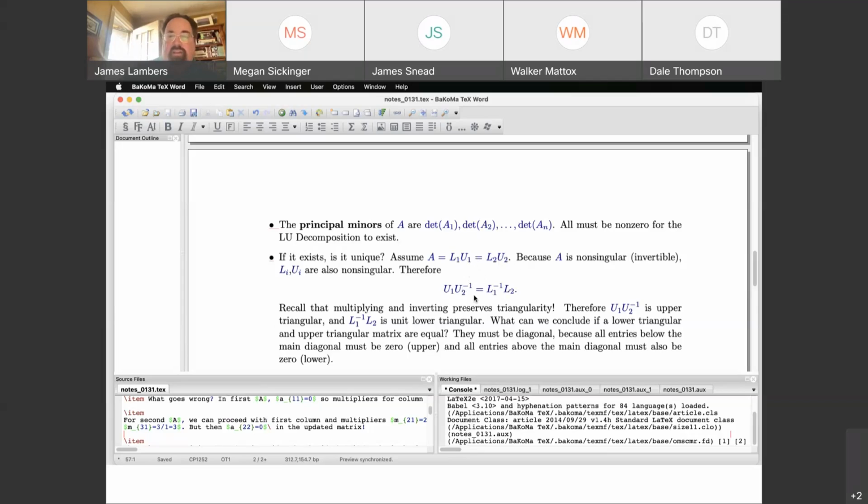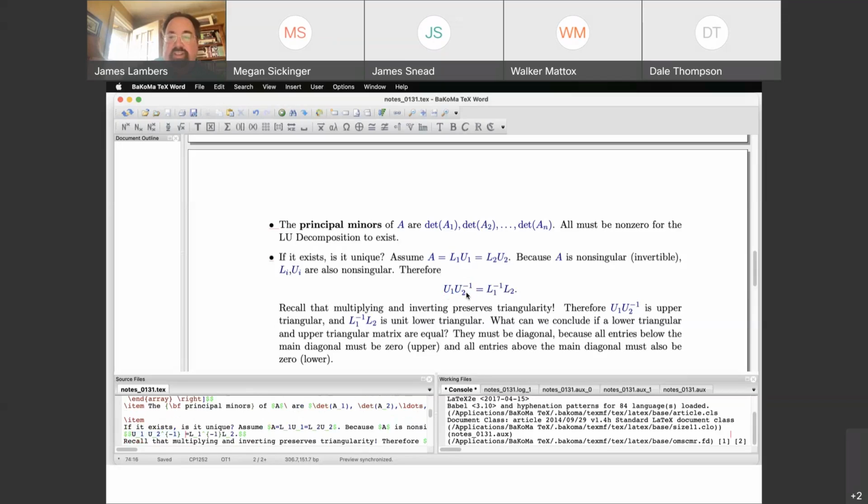Now, here I'm using properties of triangular matrices. If you multiply two matrices of the same triangularity, upper or lower, the product will have that triangularity. Also, if you take the inverse, that preserves triangularity. So here we have upper triangular times the inverse of an upper triangular, which is also upper triangular, and multiply them, so the left side is upper triangular.